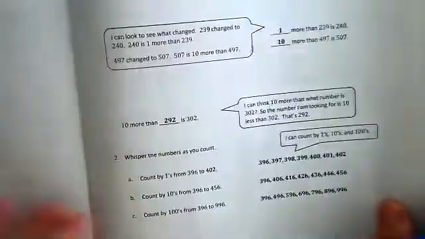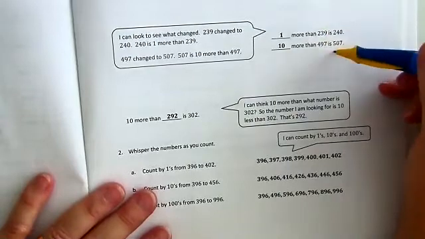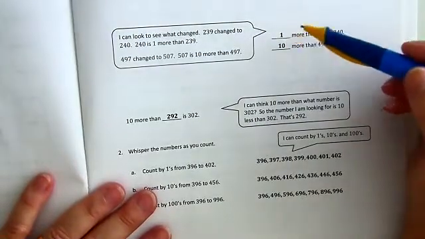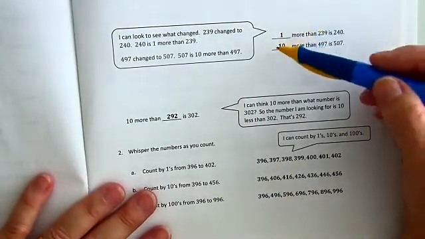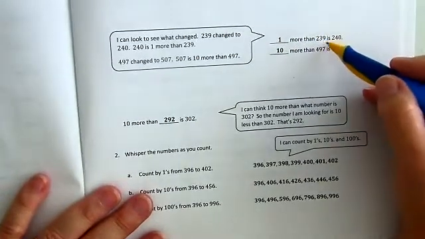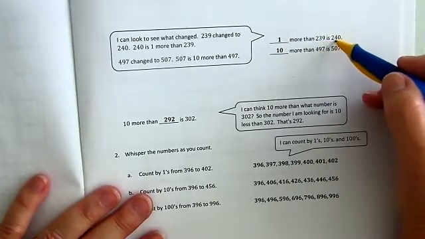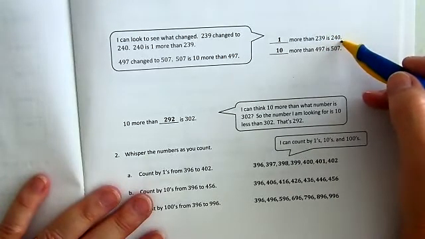So then they're also going to give us these where we have to look to see what's changed and then tell them, was it 1 more? Was it 10 more? Was it 100 more? And we're going to just look to see what's changed from 239 to 240.